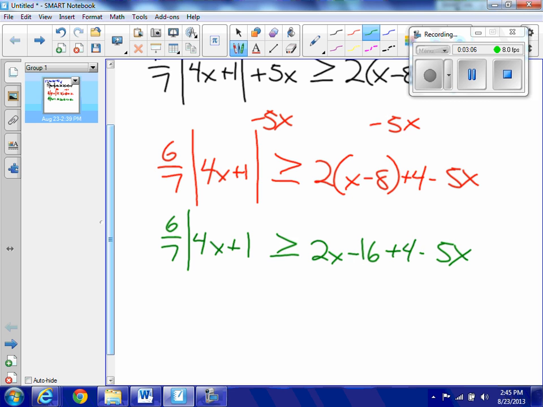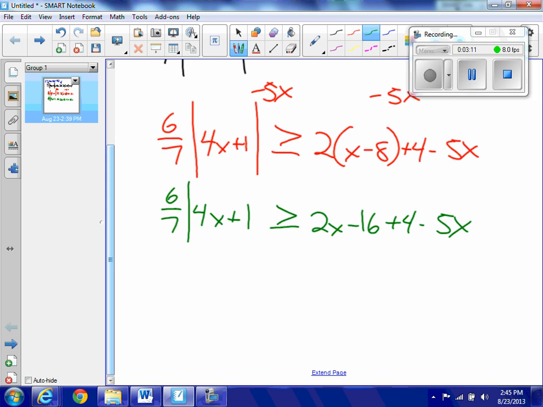And now I see that I can combine some like terms on the right side. Greater than or equal to, I'm going to combine my 2x and my negative 5x to be negative 3x. And I'm going to combine my negative 16 and my positive 4 to be minus 12.